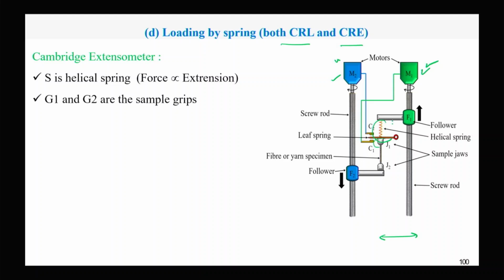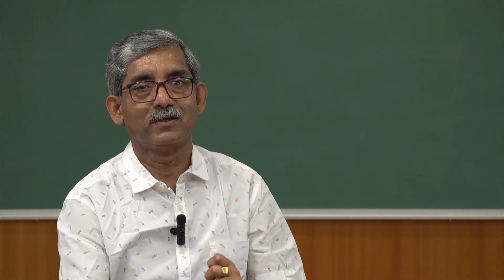So as the extension is increasing at constant rate, the spring is stretching at constant rate, so loading is increasing at constant rate. So the fiber or yarn specimen is stressed or loaded at constant rate. Okay.